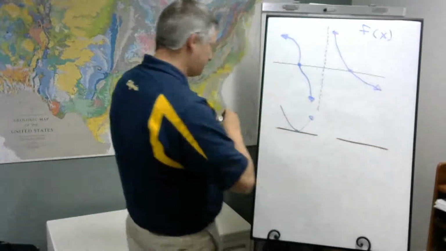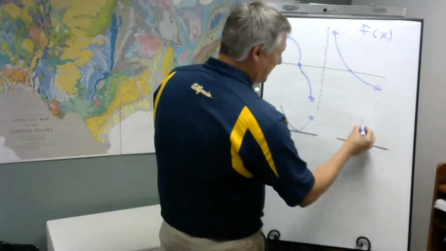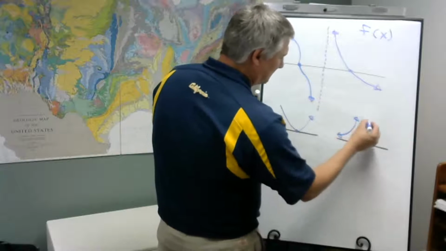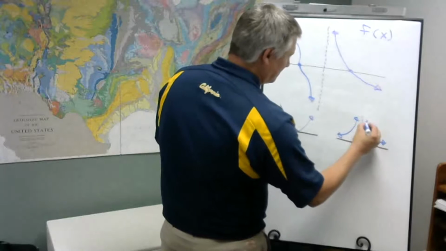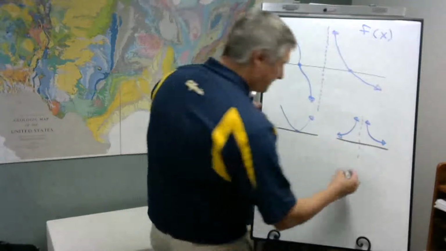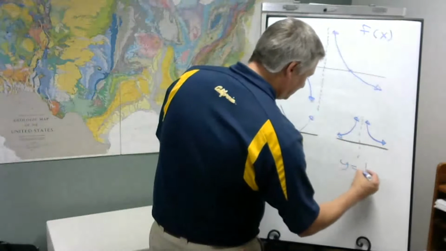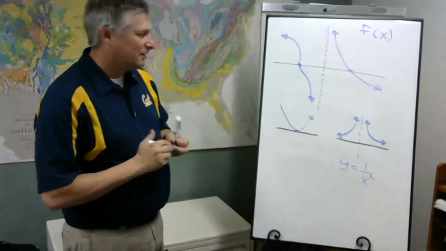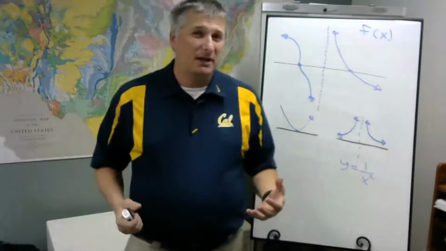Here's your x-axis, here's a vertical asymptote, and there are functions that behave like this, for example, 1 over x squared. So they don't always lead to a sign change.